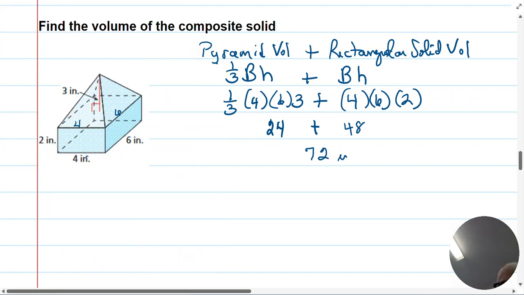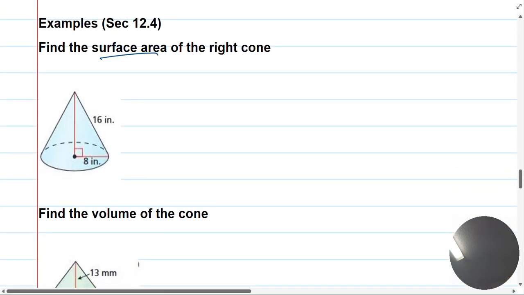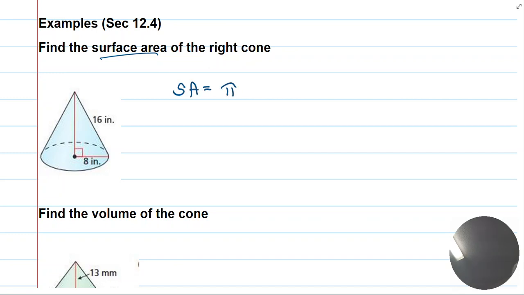All right. Well, here we have a cone, and we want the surface area of a cone. And the surface area of a cone is going to be the bottom, pi radius squared, plus the lateral. And the lateral height is given in this problem. We don't have to solve for it, but on the test you may have to solve for it.